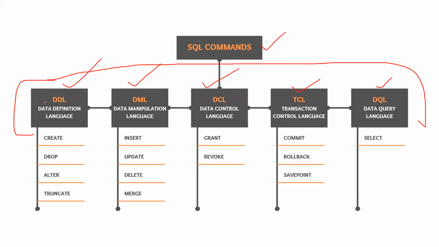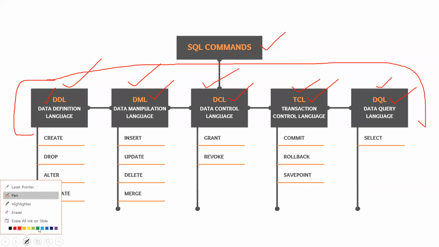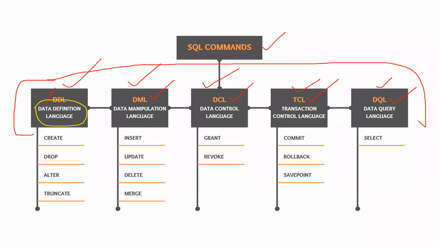So the 5 are DDL commands, DML commands, DCL commands, TCL commands, and DQL commands. Data definition language, DDL full form. Data manipulation language, DML full form. Data control language, DCL full form.